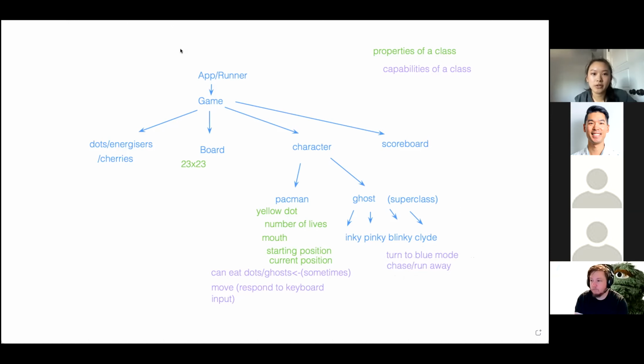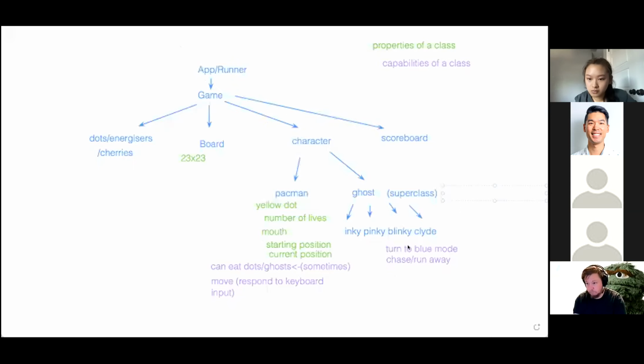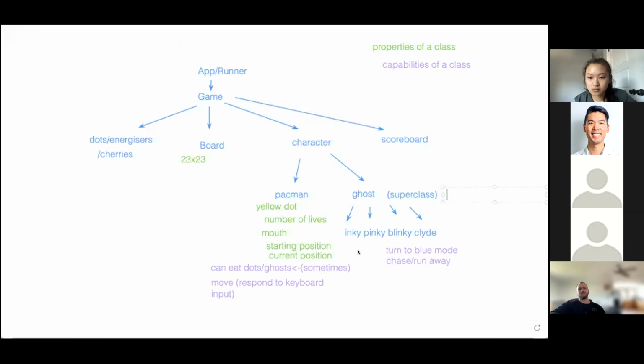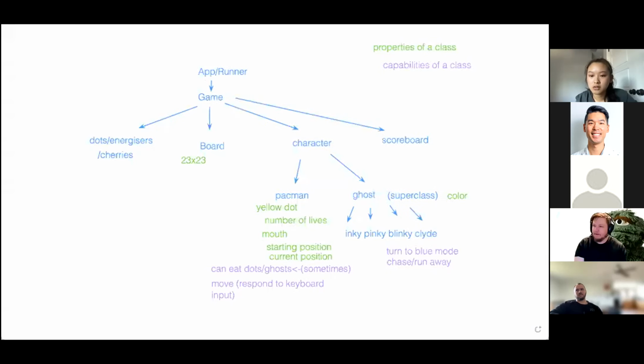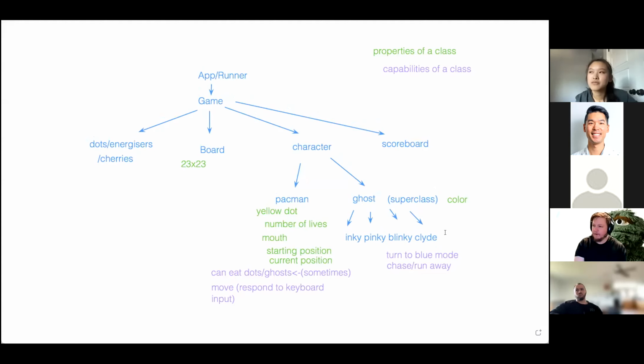What are some properties? Color? Yep. So each of the individual ghosts are different colors. Don't they each have a different kind of chase logic for going after Pac-Man? I wouldn't be surprised if some of their algorithms are stronger than others.